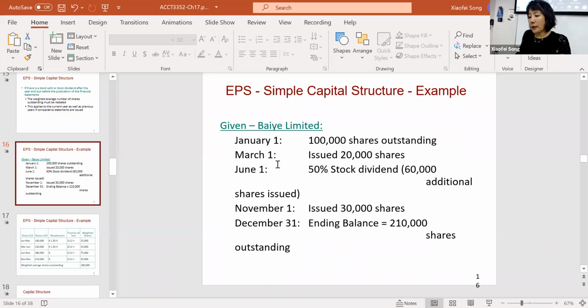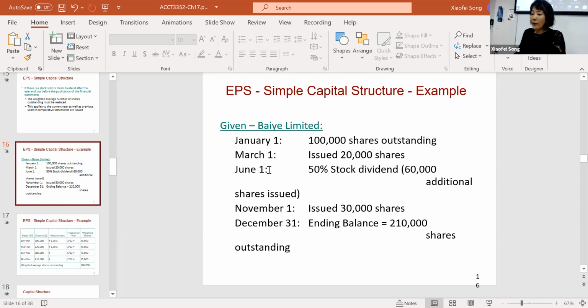On March 1st, the number of shares outstanding changed to 120,000 shares, and stayed that way until June 1st, when they had a 50% stock dividend, okay? So the number of shares changed on June 1st. March, April, May, that's 3 months, the number of shares outstanding is 120,000, and the weight is 3/12.